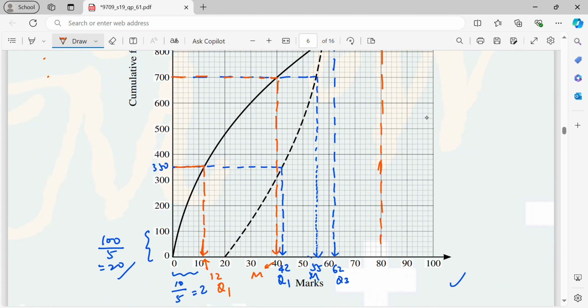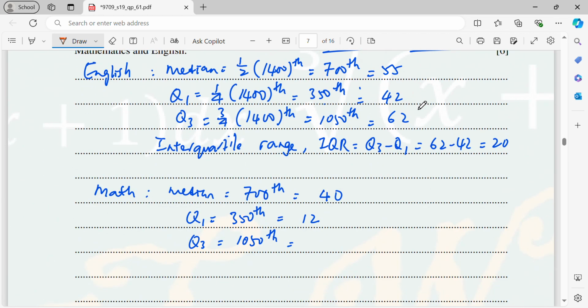So obviously that is 80. This is your Q3. Okay, so now here I will write 80. That means the IQR, interquartile range, is going to be 80 minus 12. Then you get 68.